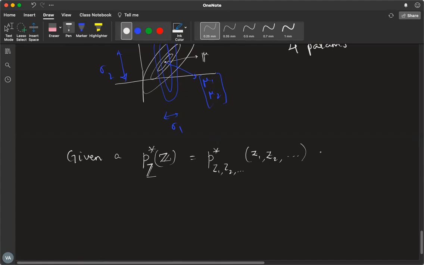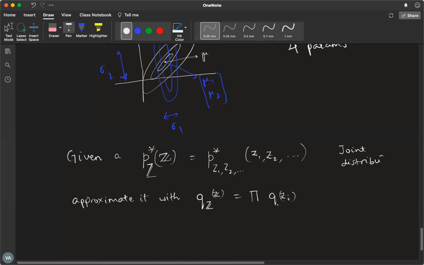So this is a joint distribution, and we want to approximate it with a Q of Z, which is basically equal to a product. It's a factorized distribution, where each dimension is independent, the product of Q of Z_i.